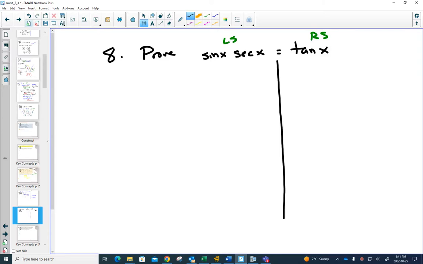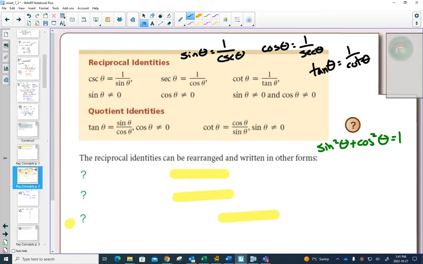If we look at what we can do, we can change sine to something, we can change secant to something, and tan has two things that it can change to. It can change to 1 over cotangent, or it can change to sine theta over cos theta.